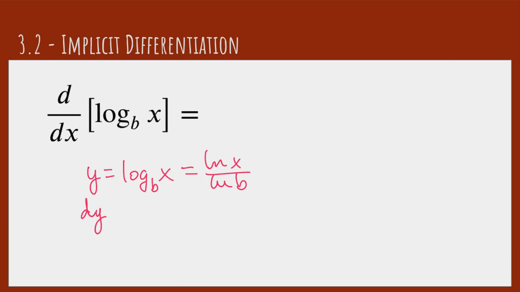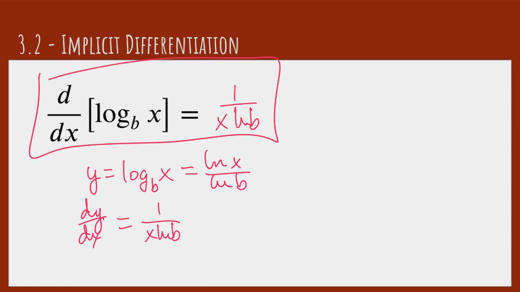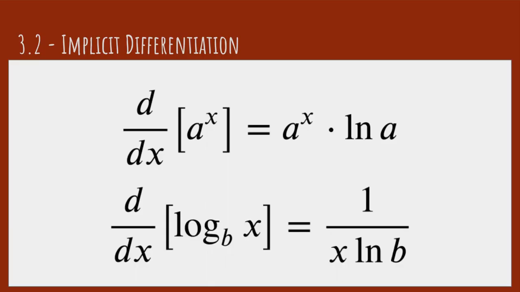So taking the derivative then, we have dy dx equals, so the derivative of natural log is 1 over x, and then that natural log of b as a constant just stays as it is, and this gives us a formula for the derivative of any log of any base. So these are two formulas that you might want to memorize. You might not want to go through that process every time you want to take the derivative of something like this.